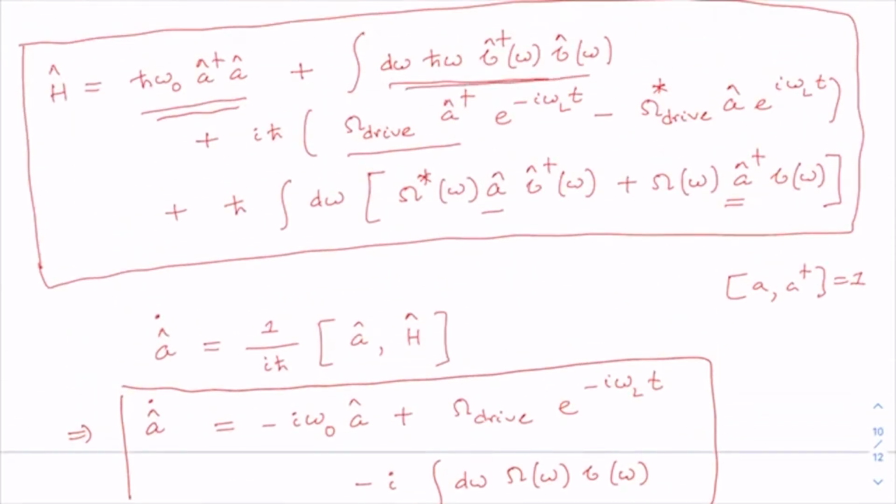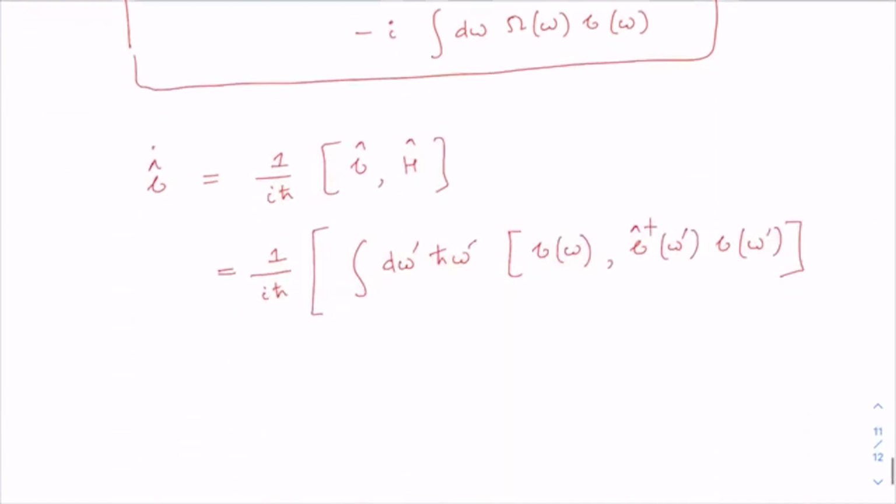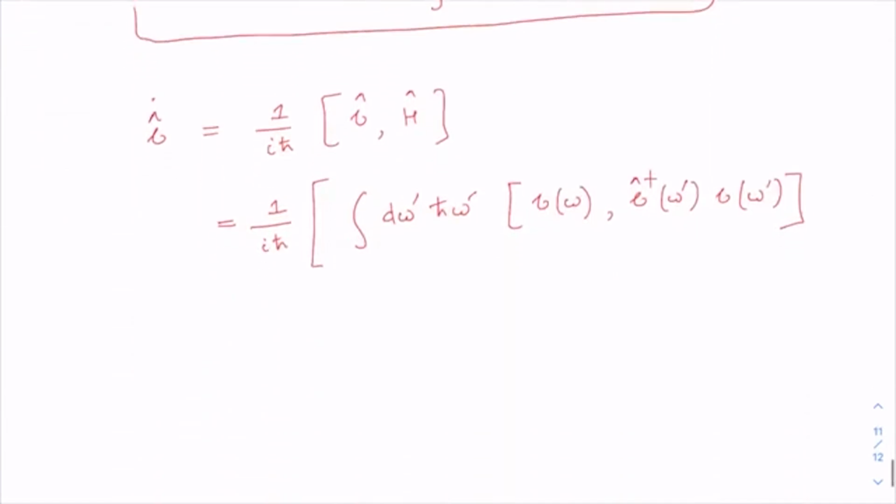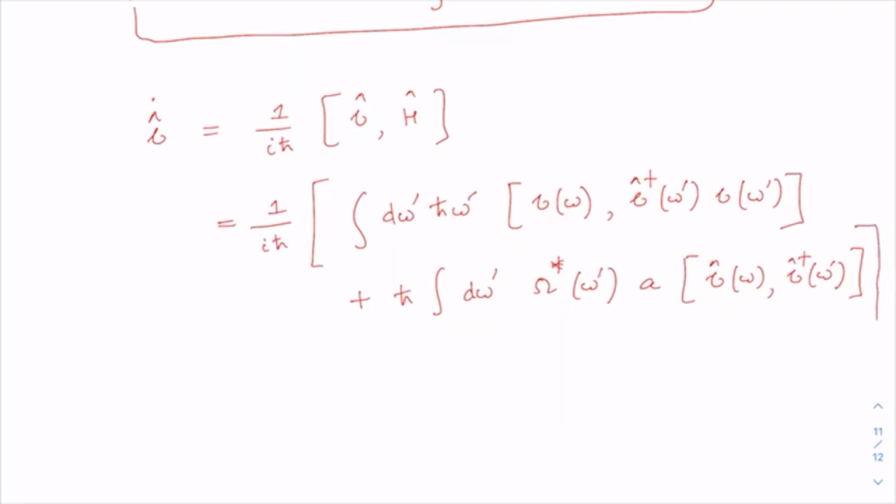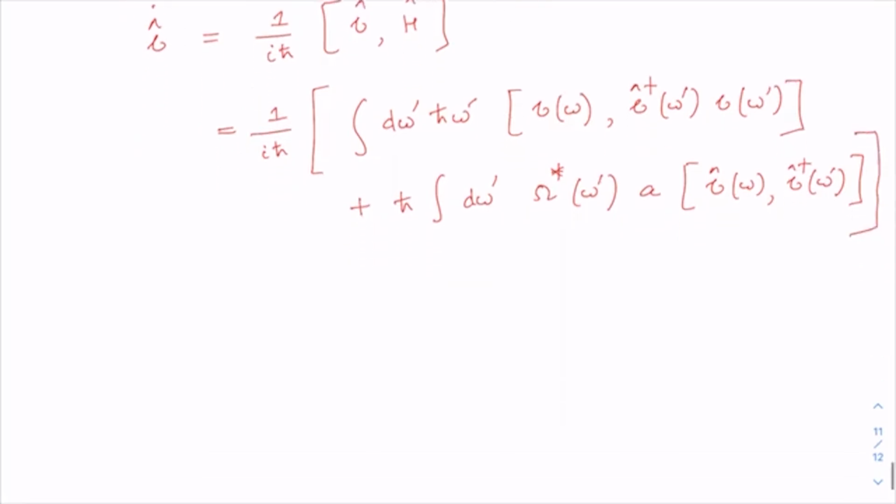So I'm now talking about this particular term. And then we have h cross integral d omega dash omega star of omega dash a, and we have b of omega b dagger of omega dash. So this is what we'll have now, and let us evaluate it.